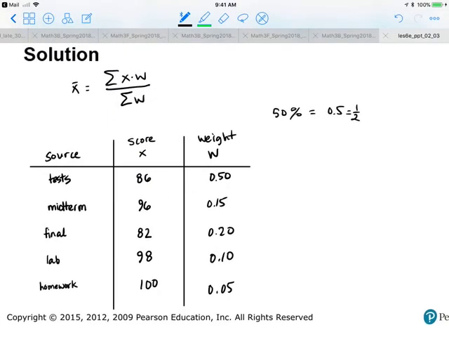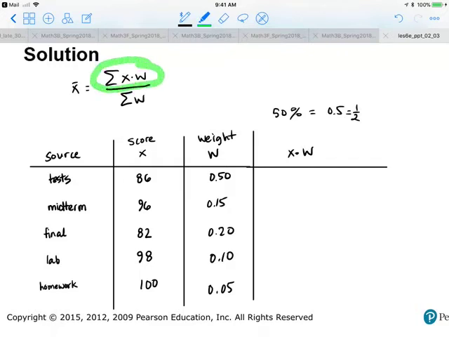All right. So now, let's see here. The next thing we want to do is let's come up with X times W. So what we need is we need to add up the scores times the weights. So 50% of 86 is going to be 86 times 0.50.